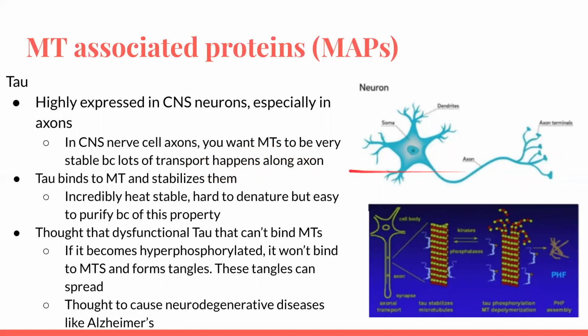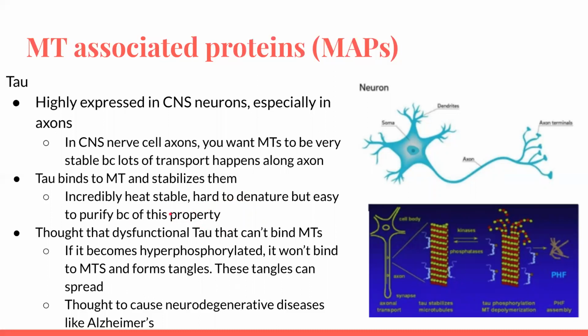So you want them to be super stable so you can do that. What tau does is it binds microtubules and stabilizes them. Tau itself is incredibly heat stable. It's hard to denature, but conveniently it's easy to purify because it's hard to denature.